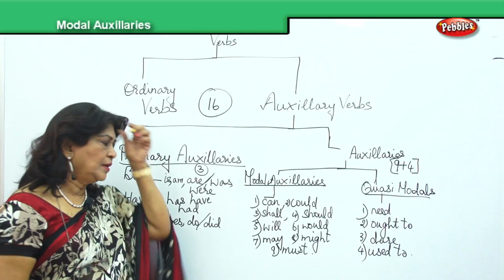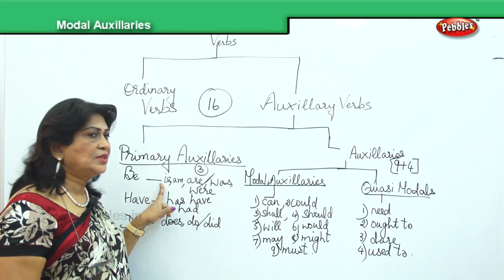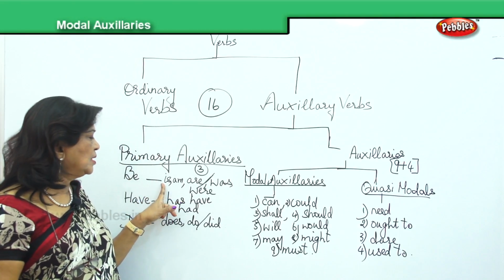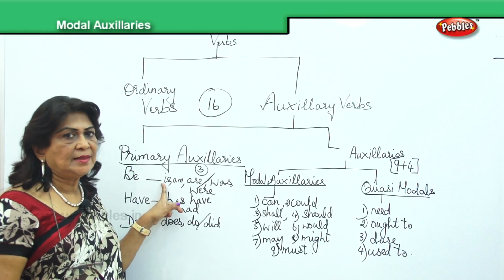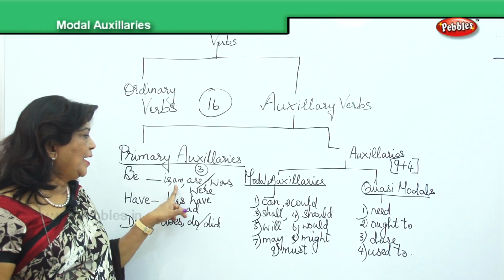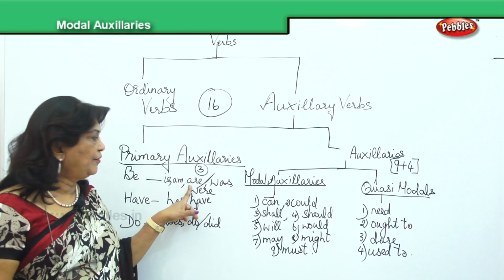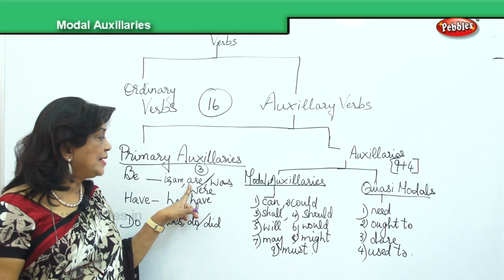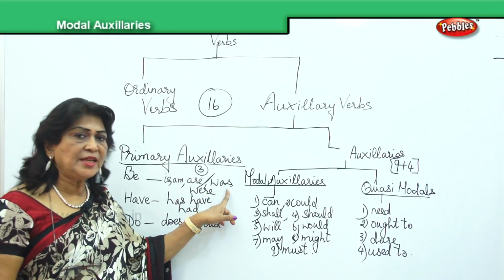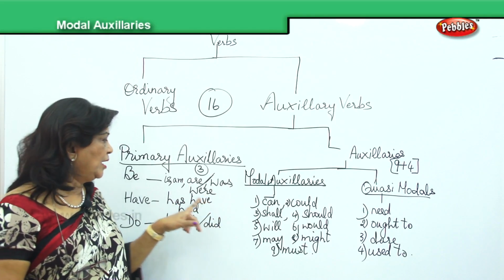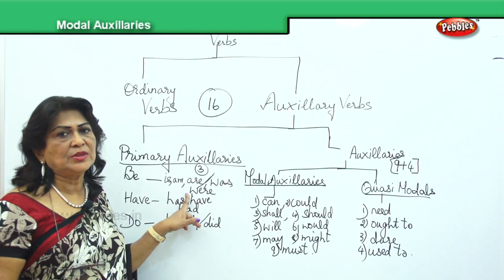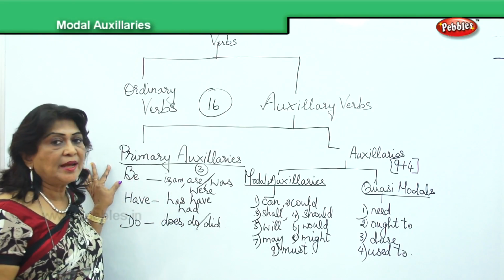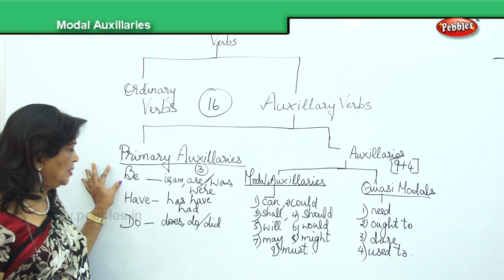For singular nouns, we use she is, he is, I am. For plural, we use are. That is for present tense. For past tense singular, we use was, and for past tense plural, we use were.